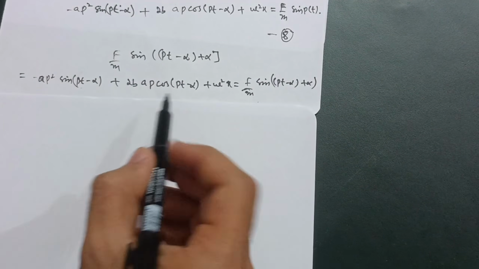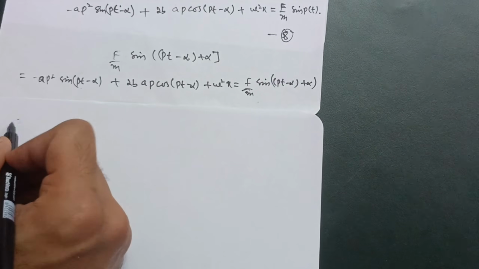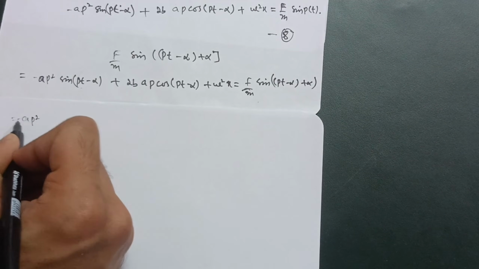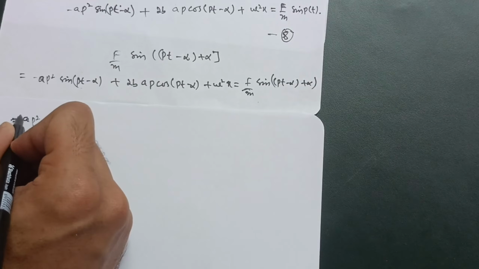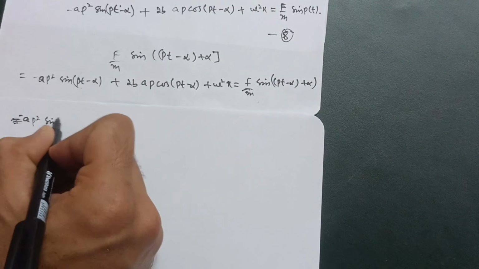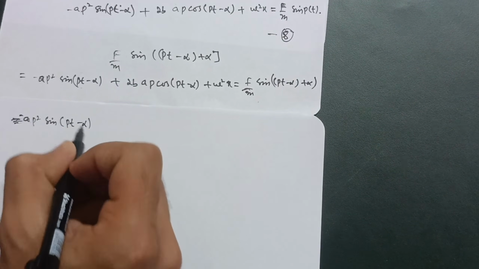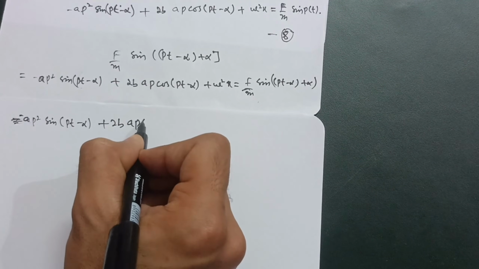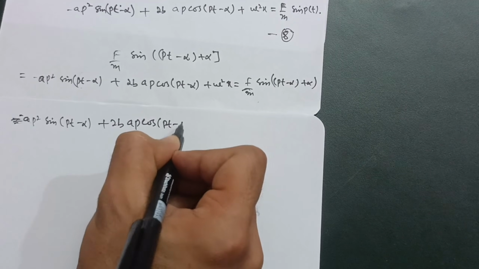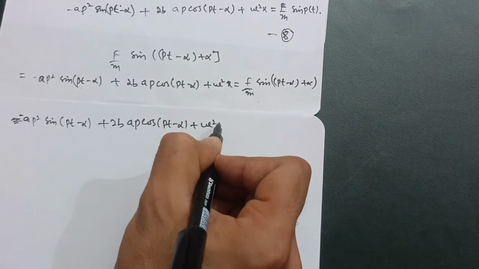Now let me simplify this equation, dear friends. I can write it as minus ap square sine of (pt minus alpha), same as it is, plus 2b ap times cos of (pt minus alpha), plus omega square x.